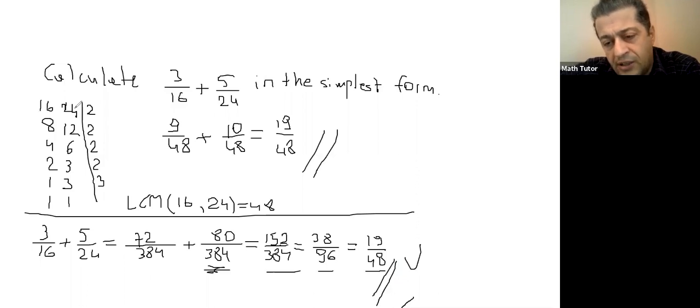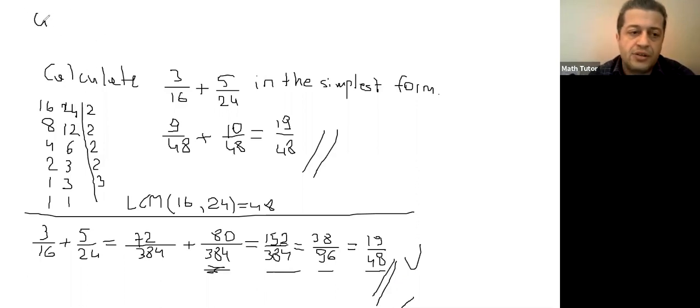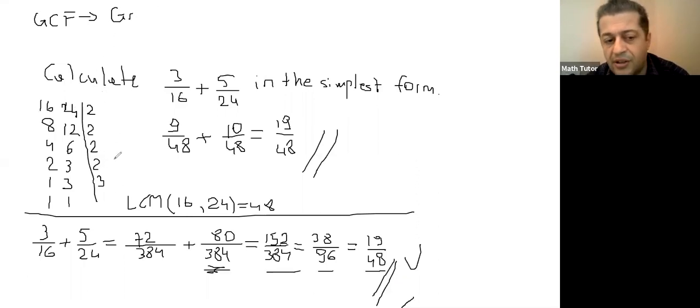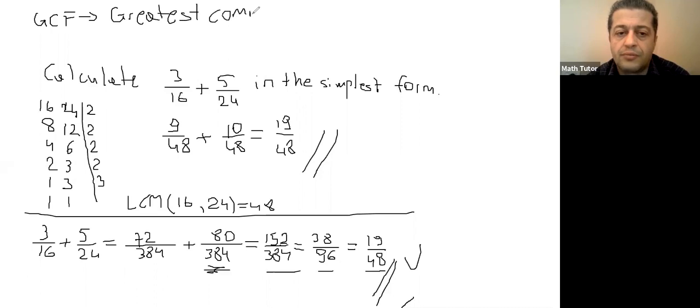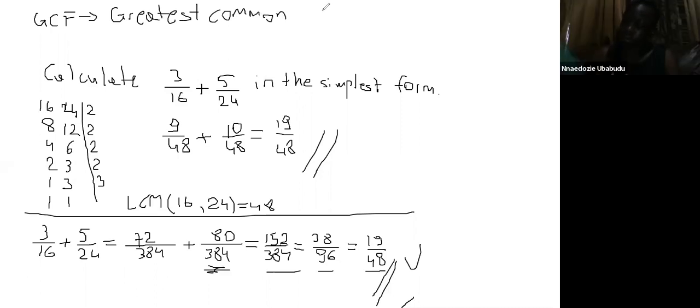So there is a much easier way to find the greatest common factor of two numbers. I'm going to use this example because we have already the divisions made. Greatest common factor.